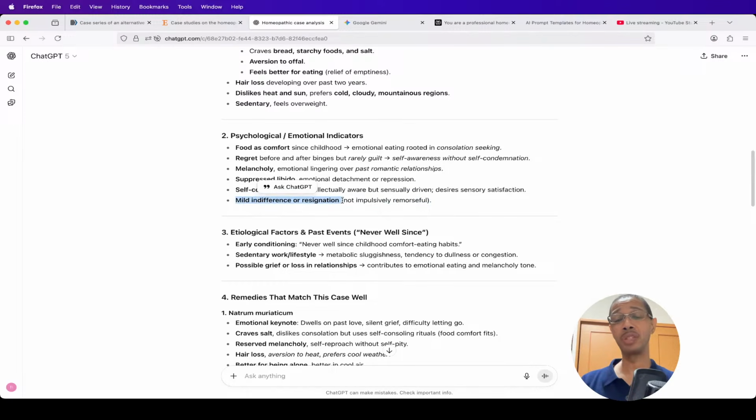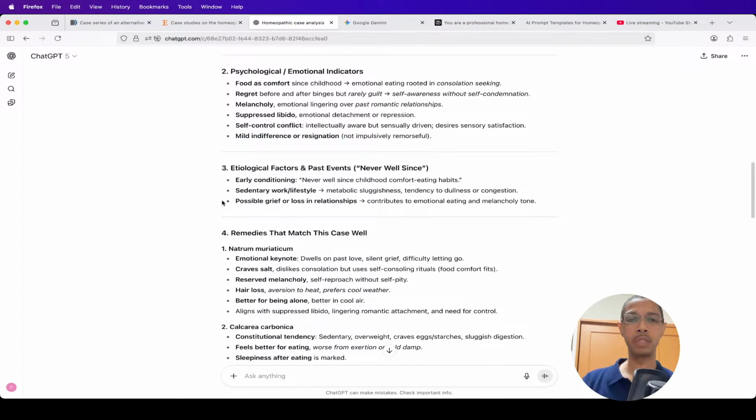So you can see here this can be used as even notes for cases. Etiological factors: early conditioning, never well since childhood, comfort eating habits, sedentary work lifestyle, possible grief or loss in relationships contributes to emotional eating and melancholy tone.